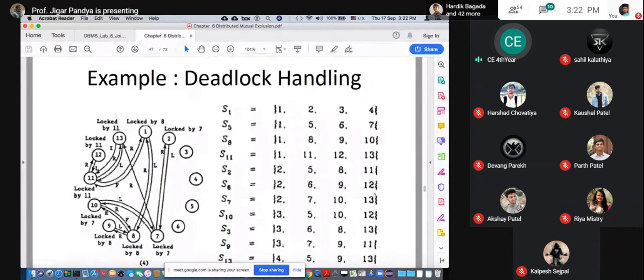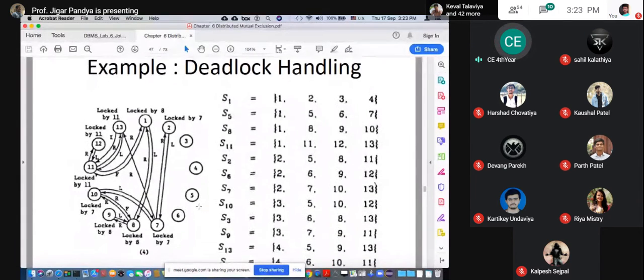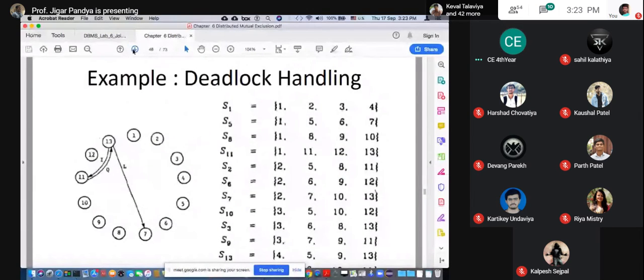When will a failed message be given? So there is an algorithm we are moving forward with, a deadlock handling solution. Maekawa's original algorithm was prone to deadlock, but then it was improved with another logic, something called the F message, the failed message, and it was then able to handle the deadlock. Let's see what that is.